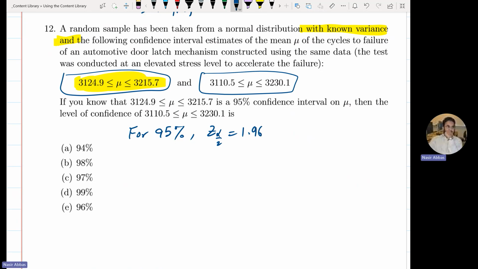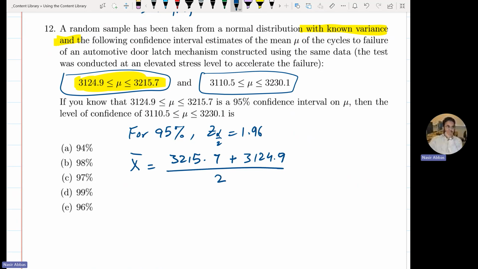Move a little right, move a little left. What if I give you an interval estimate and ask you for the point estimate? Where is the point estimate in comparison to the interval estimate? Right in the middle. So the value of X bar is take the average of any of these two intervals, that will be X bar. So take the center of one of these intervals or both of these intervals. X bar will be 3215.7 plus 3124.9 divided by 2.